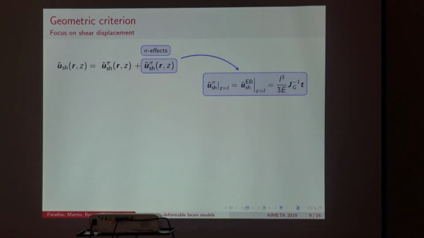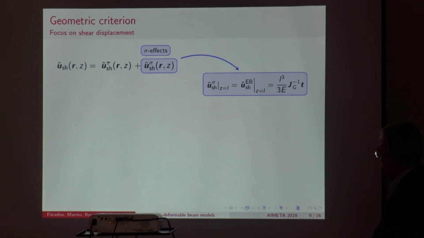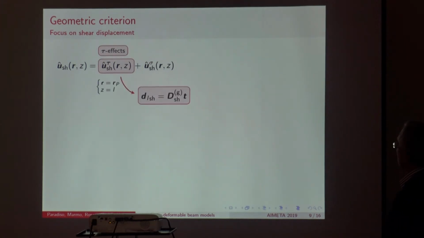Okay, so the displacement due to shear is the sum of the one associated with the bending stresses. This is the well-known formula for the cantilever. And the difficult part is the evaluation of this contribution due to the tau, the tangential stresses.